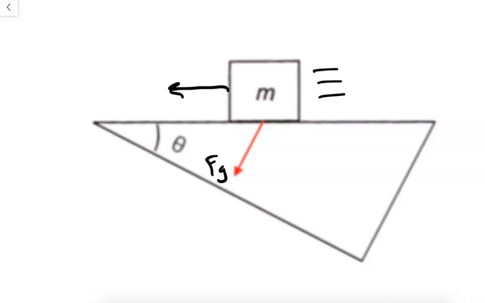So how do we find the components of this gravitational force such that that is the direction of the resultant force? Well, we need to find the parallel component to the plane.